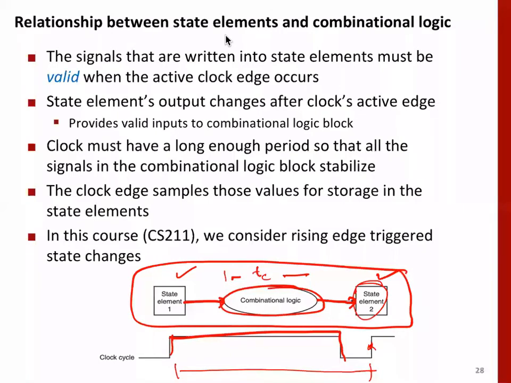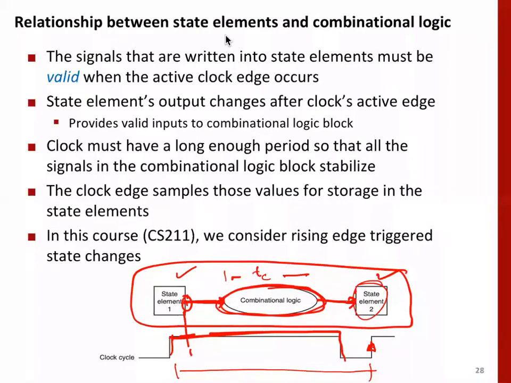At the beginning we are going to read, because reading can be done at any point in time, so we can read during the clock cycle or at the beginning of the clock cycle. Let's assume we start from this point, so we read it from here. The combinational logic will take some time to compute, and within the clock cycle the output should be available before the next rising edge for data to be stored into the state element.